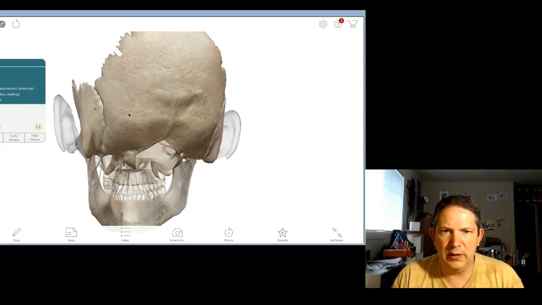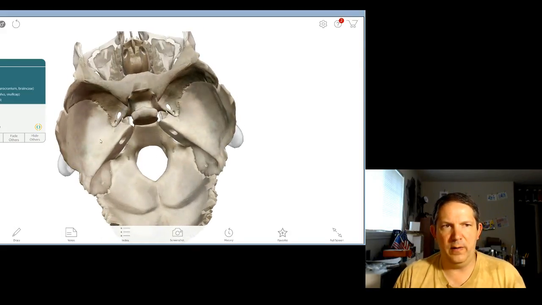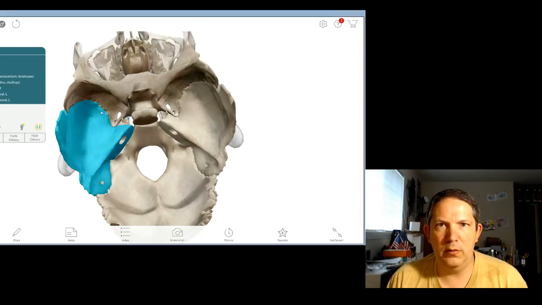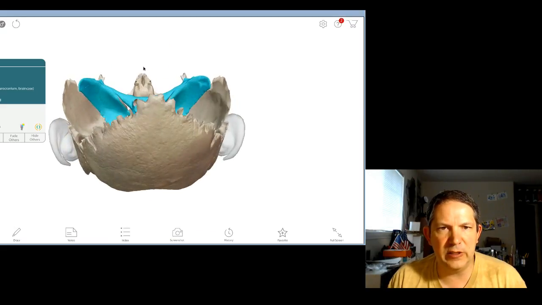There's our occipital bone, there's our foramen magnum. Now we're looking at the floor of the cranial cavity, where the brain is sitting. And this is the temporal bone. The temporal bone juts inwardly and forms part of the lateral walls of the cranium as well as the floor of it. And this weird bat-shaped bone is called the sphenoid bone.